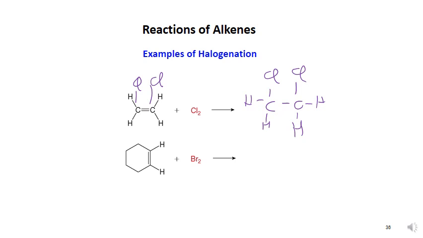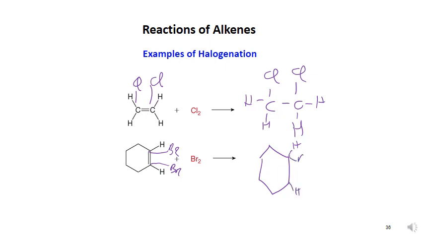What about this guy? We drew in on this cyclohexene the hydrogens. The Br comes along, reacts in that carbon and the other one in that carbon. The double bond goes away. The ring stays there. The hydrogens stay there.